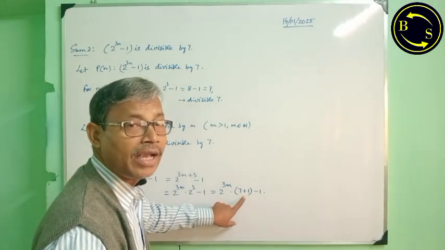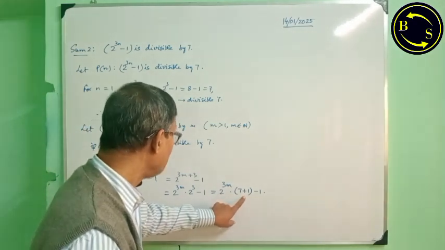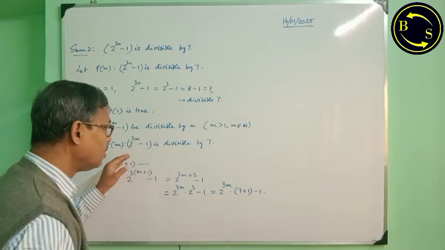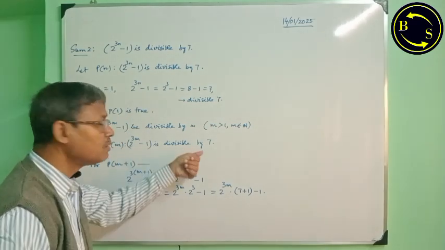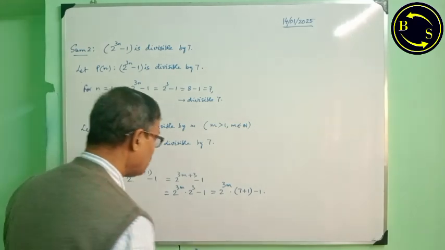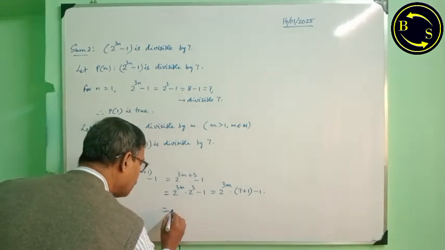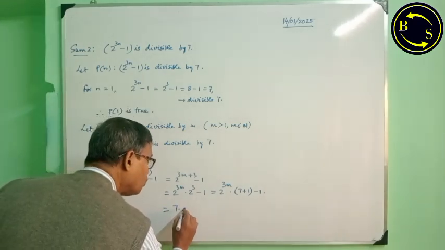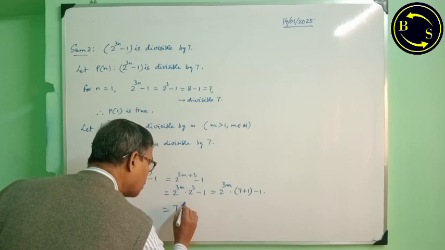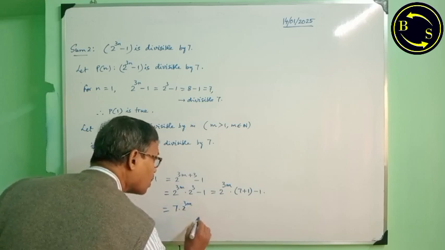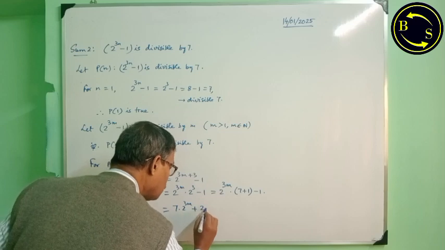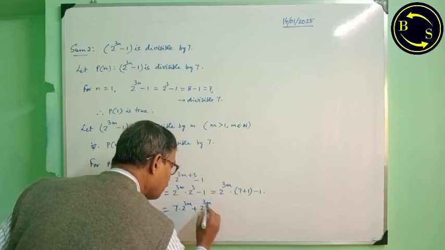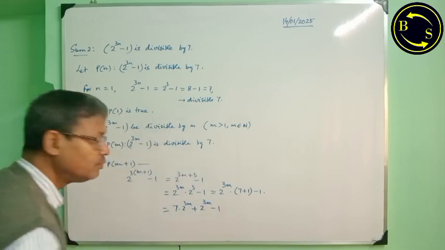Now why have I written the step? Keeping in mind this part, this is divisible by 7. Now this is equal to 7 into 2 to the power 3m plus 2 to the power 3m minus 1.